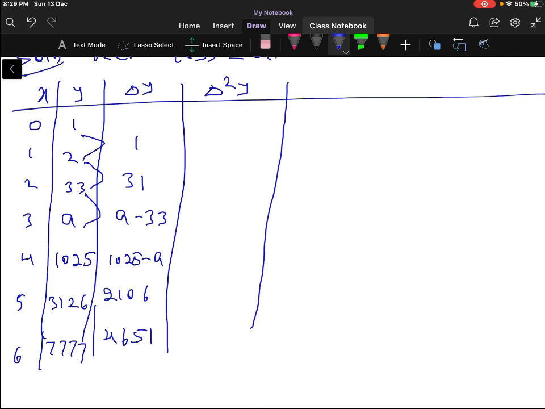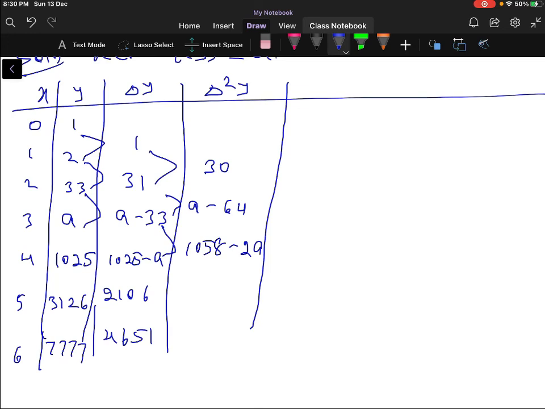Let us find the second forward differences. 31 minus 1, 30. A minus 33 minus 31, that is a minus 64. Difference of these two values here, 1058 minus 2a.